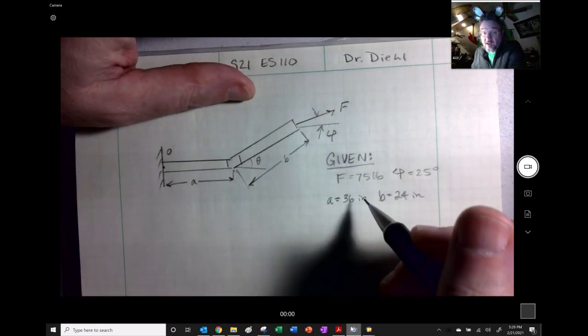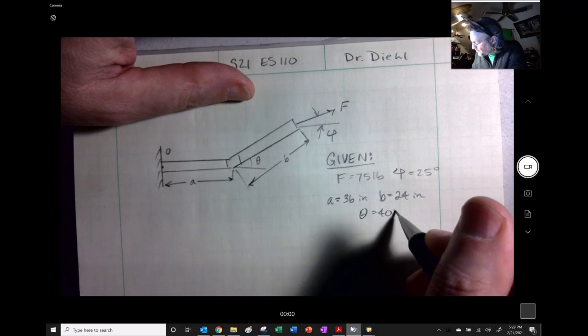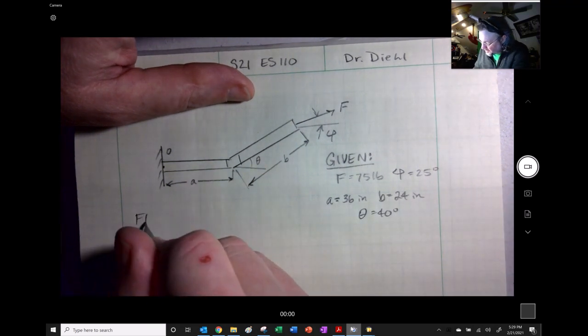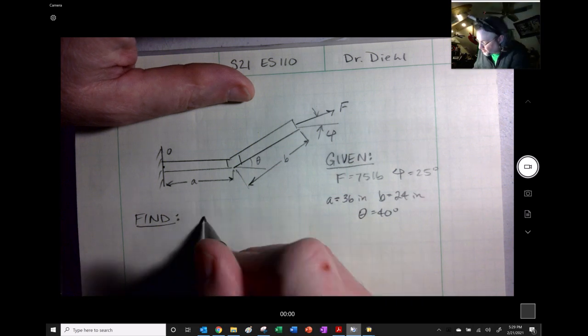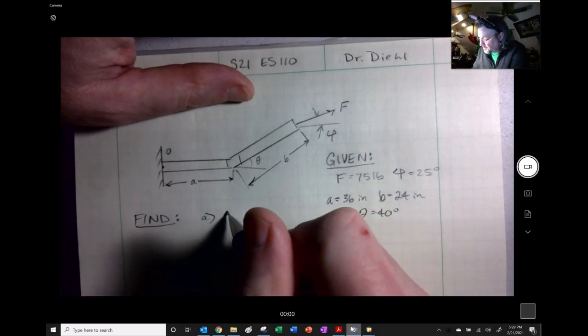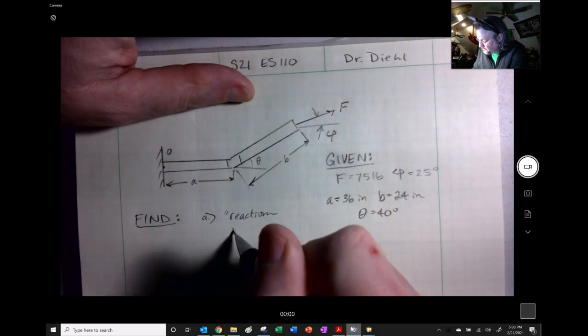Alright. And lastly, theta is equal to 40 degrees. We would do the find. I'll put it over here. Probably could be nice to organize this a little better. A, we want the reaction moment.